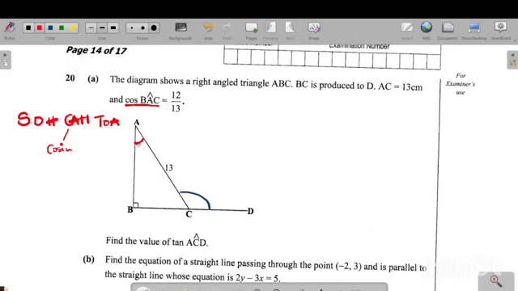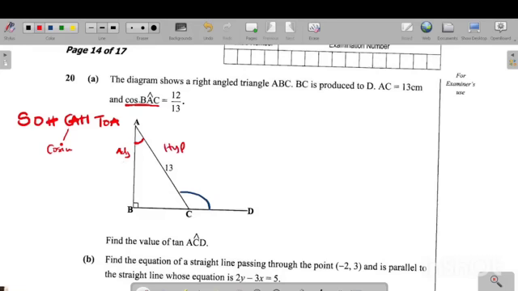Looking at this angle, which side is the adjacent? The adjacent is the side that is attached to this very angle apart from the hypotenuse. So this is the adjacent, and the hypotenuse is this one.